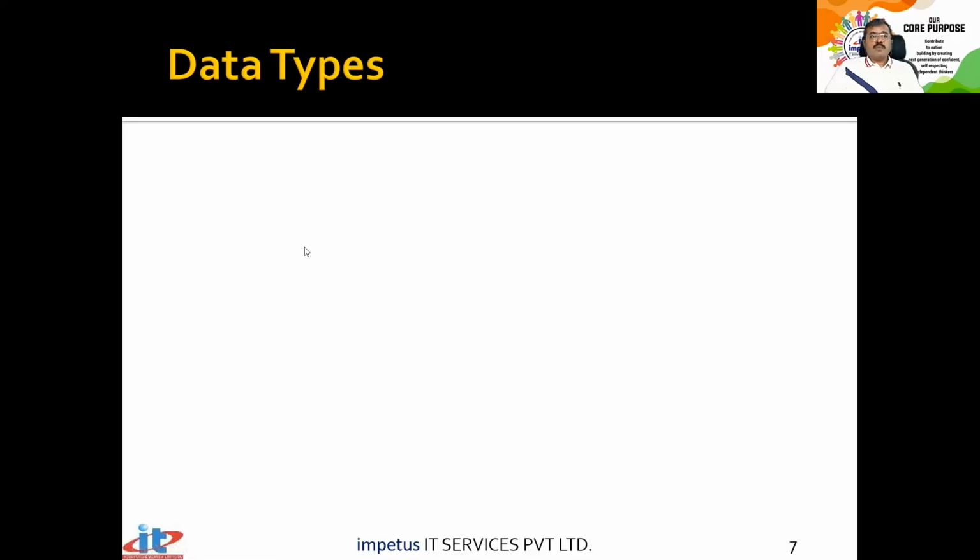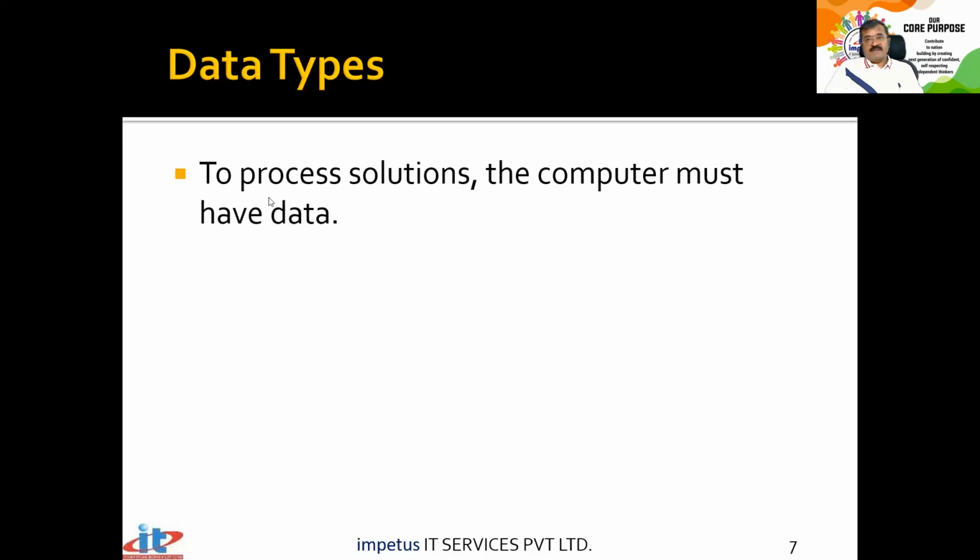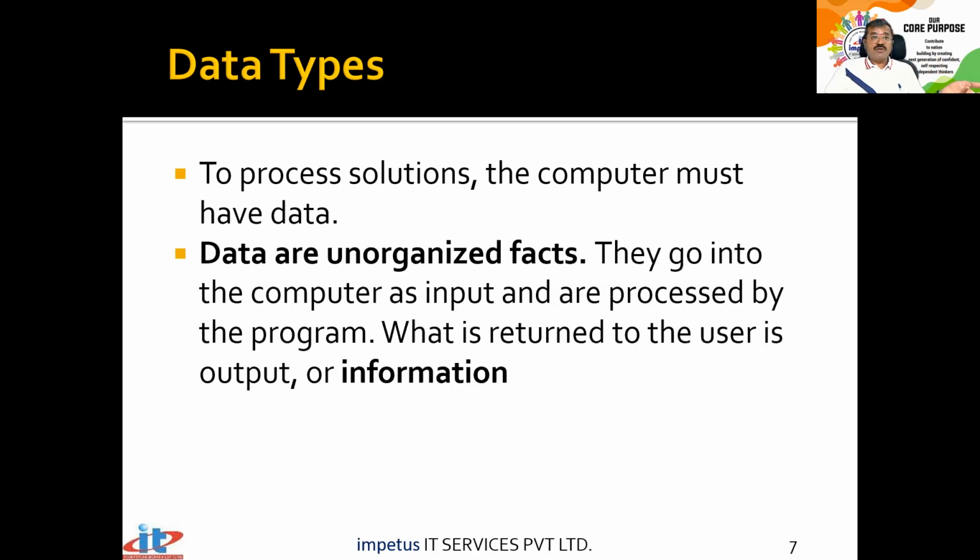Data types. To process a solution, the computer must have data. We said the very reason why we write programs is that there is some data on which you would like to carry out operations. So if you want to process, that means carry out some operation, you need to have data. Data is unorganized facts. They go into the computer as input and are processed by the program.